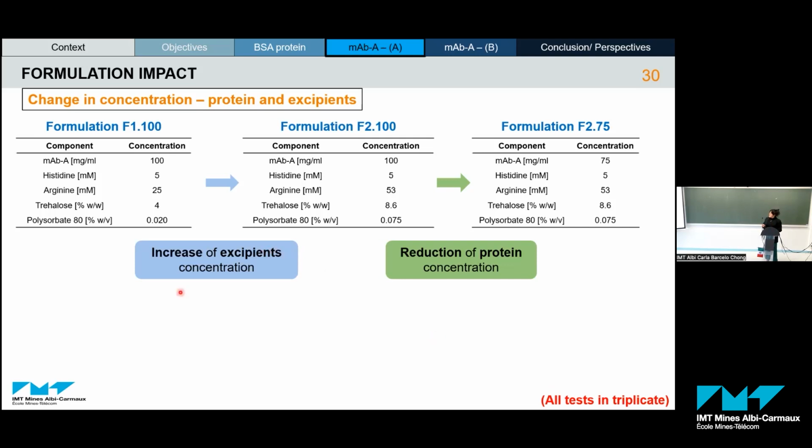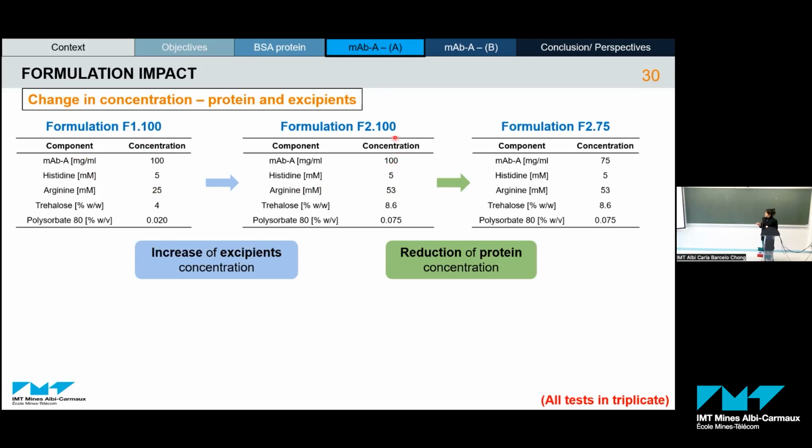In this case, we formulated 3 different solutions. The first one is the formulation F1.100, and it is the same one used in the previous sections. From this formulation, we increased the concentration of the excipients, keeping the same protein concentration, to generate formulation F2.100.